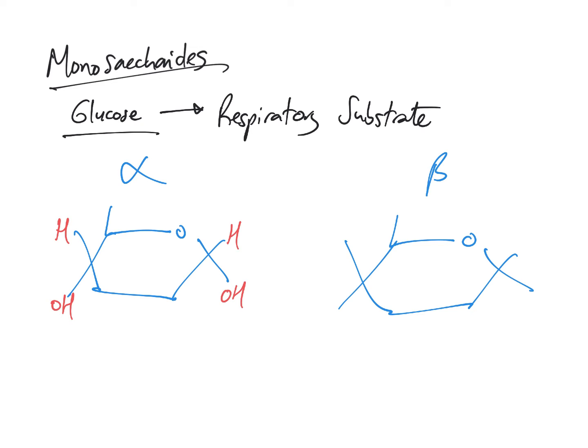In beta glucose, one of the groups, the OH and the H group, is inverted. Which we'll talk about the importance of that in a second. You would be expected to be able to know, describe, and draw the structures of alpha and beta glucose.